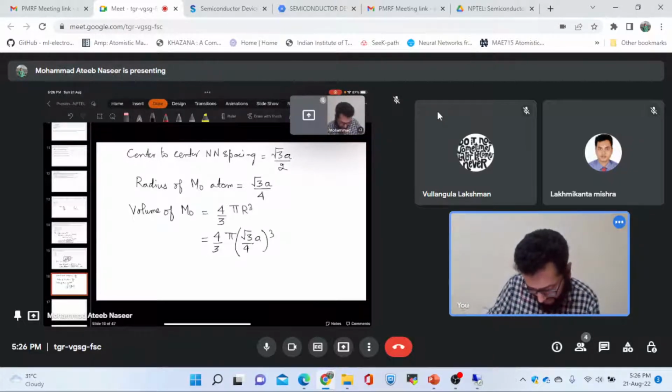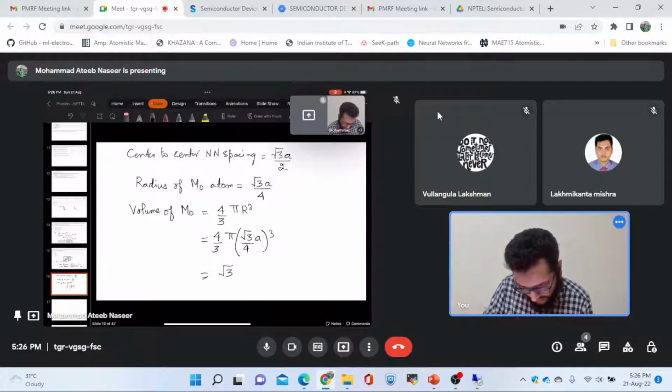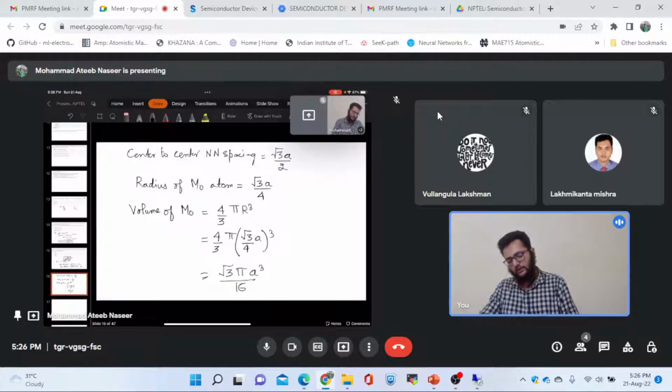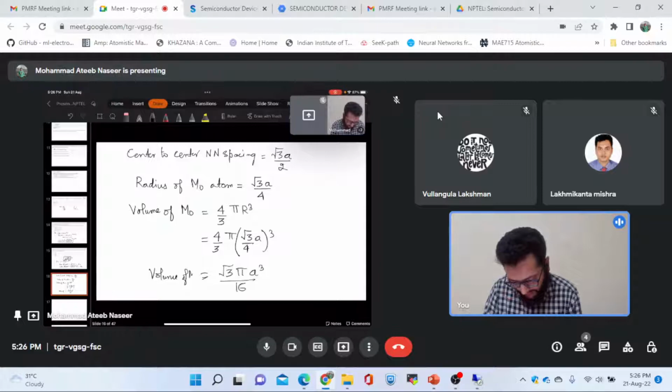It will simply come out to be, 4 and 4 will go, and root 3 will be there only, root 3 pi a cube, and there will be just 16 left, as 1 4 will go and 3 will go with 3. So we will simply have this volume of Mo. This will be the volume of molybdenum.